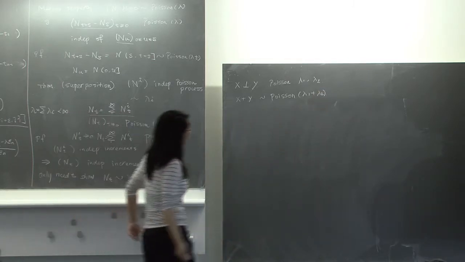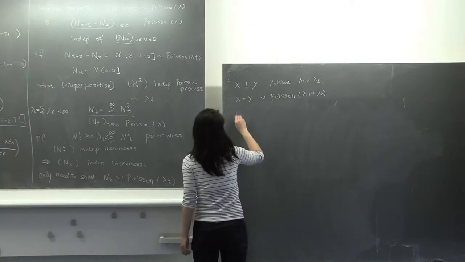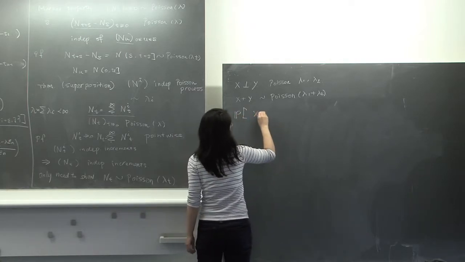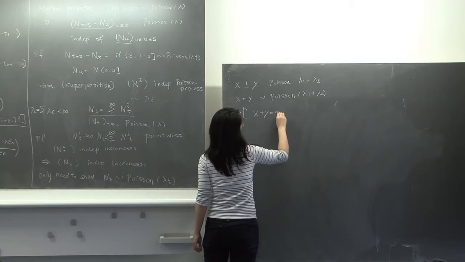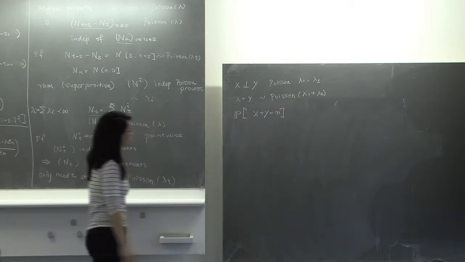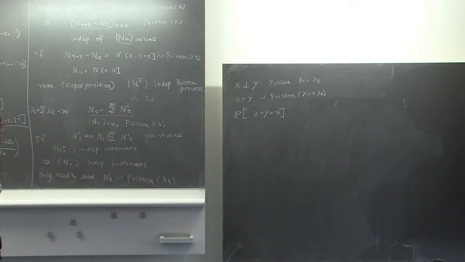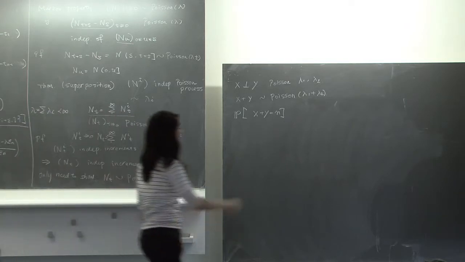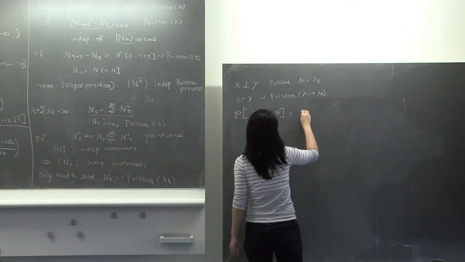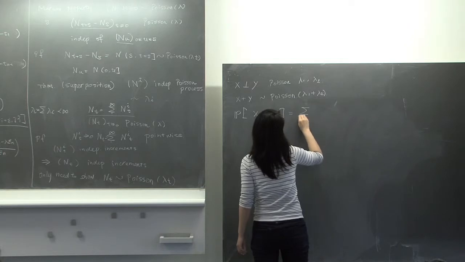Why is this true? We can check it directly. We need to calculate the probability that x plus y equals n, and we divide this event according to the different values of x.